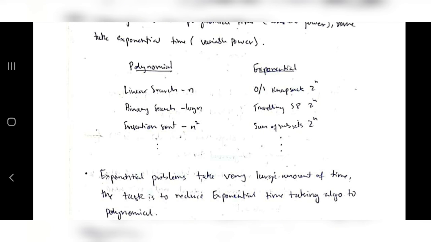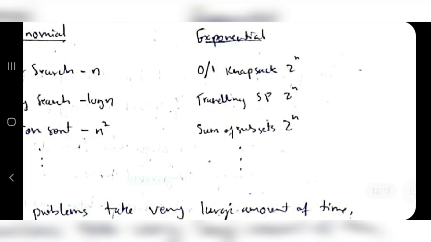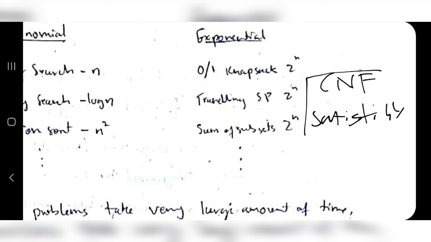For this we'll be using an algorithm known as the satisfiability algorithm, which is just like knapsack, traveling salesperson, graph, or sum of subset problems, which also take 2 power n amount of time. That is known as CNF satisfiability. We'll take this as the base algorithm and try to make a relation with every other algorithm.